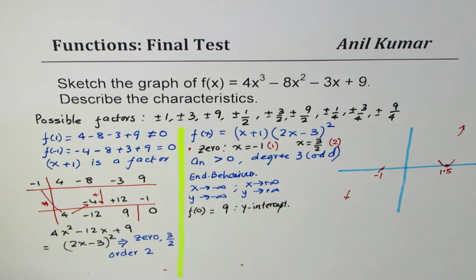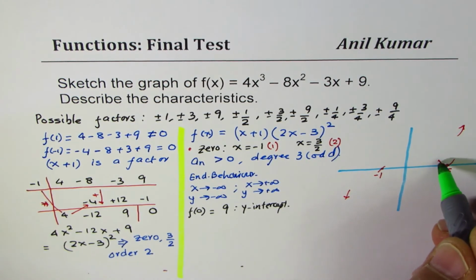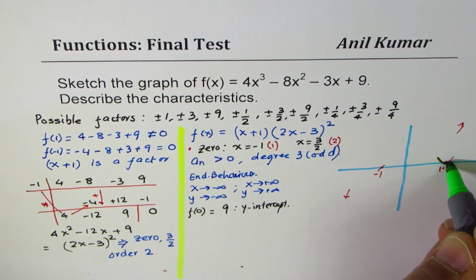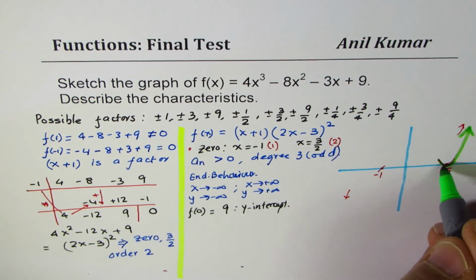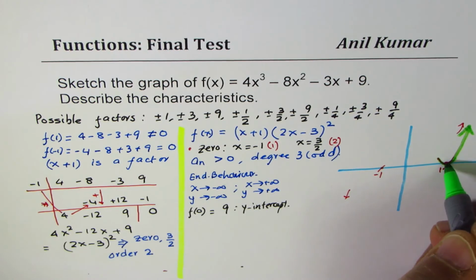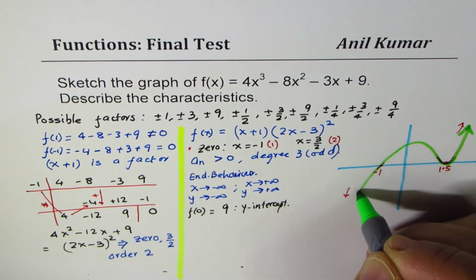Okay, so I think that is just enough to sketch a fairly accurate graph. So let's connect. I start from this end because I want to make this a smooth curve. And then we can always come back, look at the point, and then go like this.